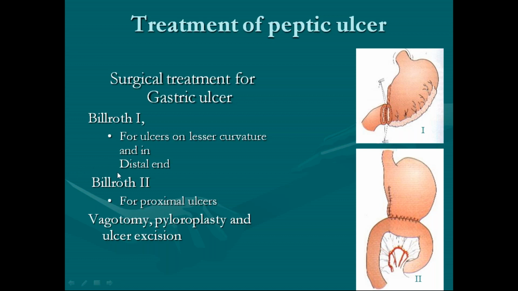For Billroth 2, sorry, for proximal ulcers, what you are going to do? So you are going to perform a Billroth 2 gastrectomy. Okay, so what you are going to do, you will resect the specimen and you will keep a duodenal stump and bring a part of the jejunum and directly anastomose with the jejunum.